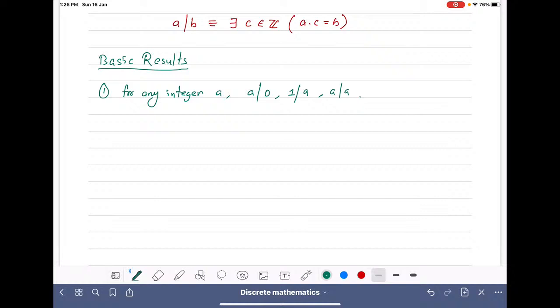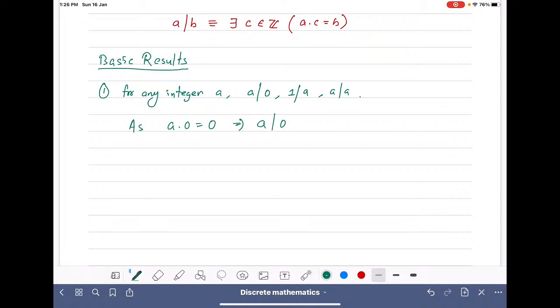These are not assumptions, and these can be proved by using the definition above. This is clearly true because a multiplied by 0 is equal to 0. This implies a divides 0.